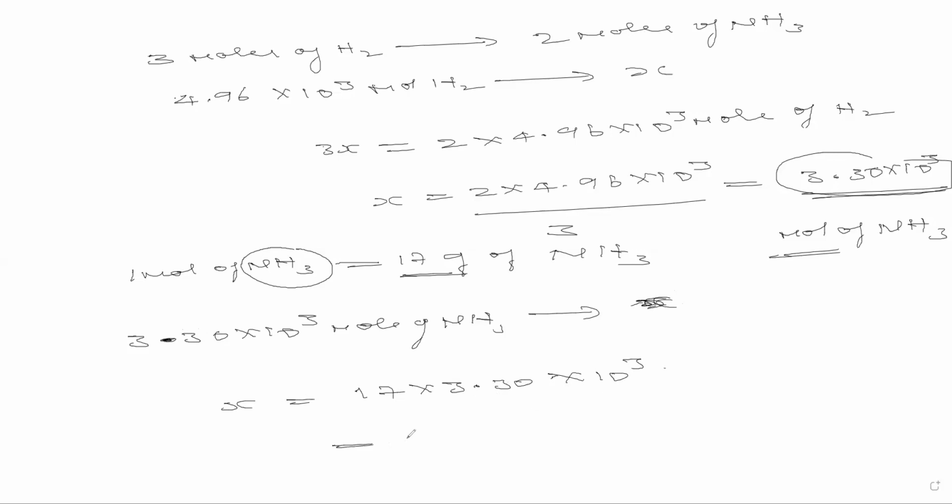That gives 56.1 into 10 to the power of 3 grams of NH3. Converting it into kg, 56.1 kg of ammonia is formed. So this is related to the limiting reagent.